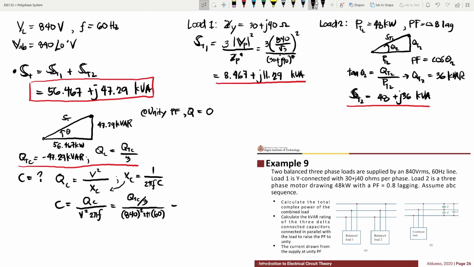We take note that this is the magnitude of Q_C. So C is equivalent to 59.26 microfarads.